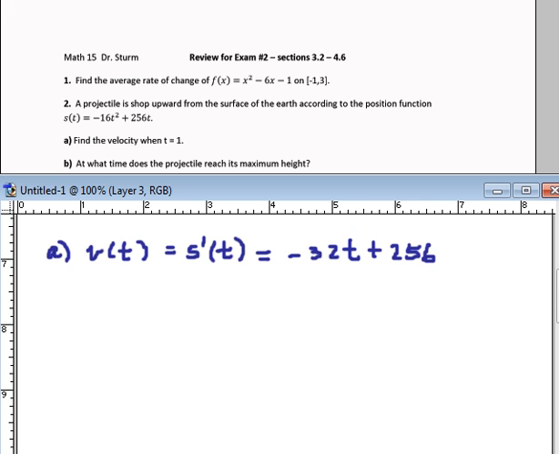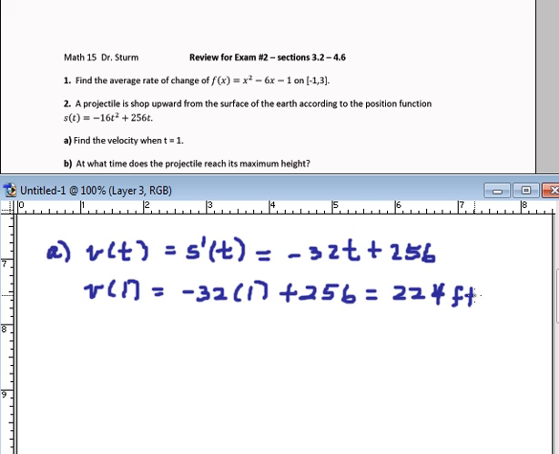So we want to see the velocity when t is equal to 1, so we're looking at v of 1, which is equal to minus 32 times 1 plus 256. So that's equal to 224, and that would be feet per second.